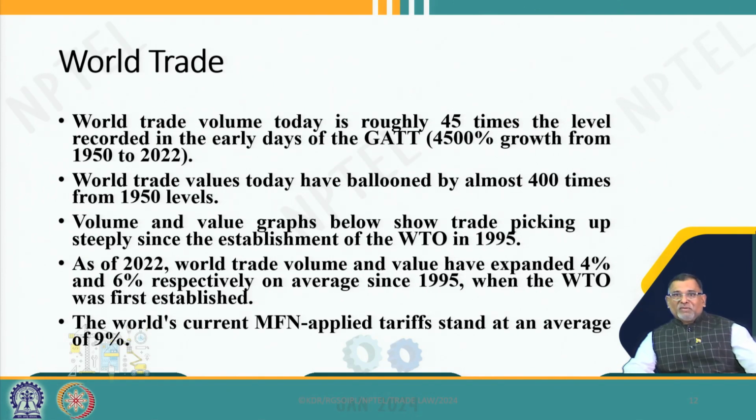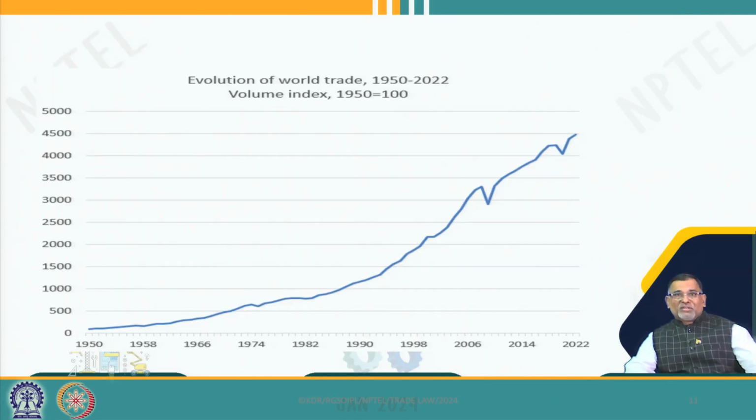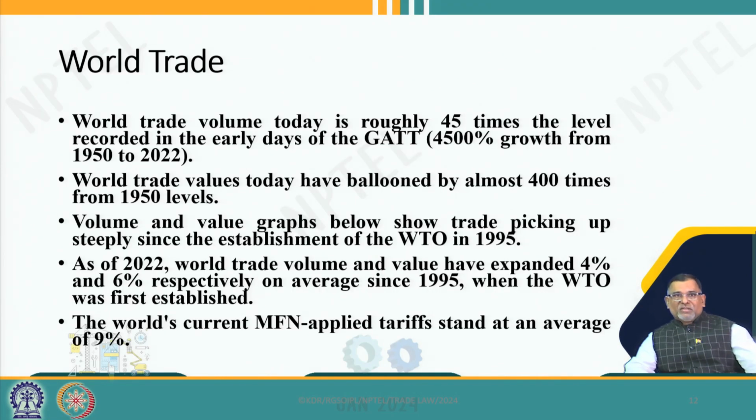Here, when we talk about GATT, and we will discuss more about it, world trade today, if we look into the volume, has grown 4,500 times from 1950 to 2022. This is the World Bank data, which clearly shows the world trade increased 4,500 times. In 1947 the GATT came into existence.